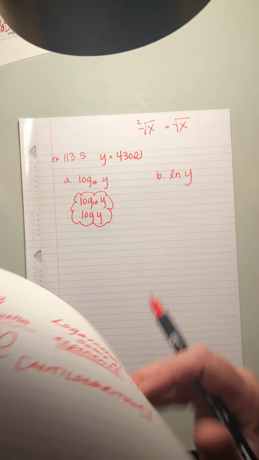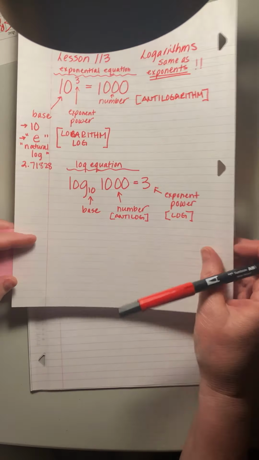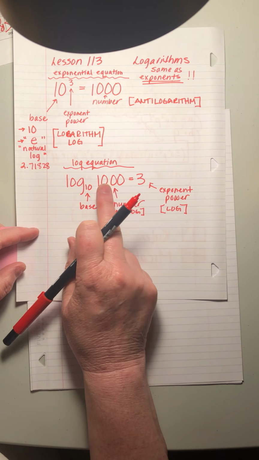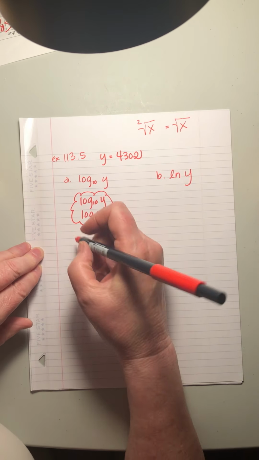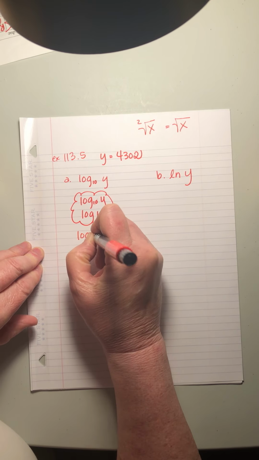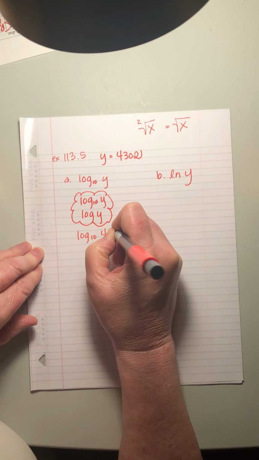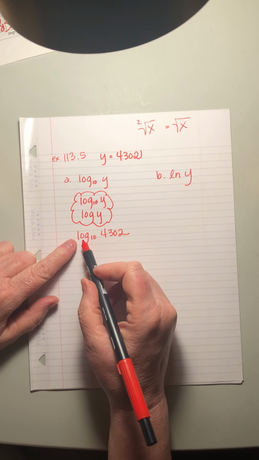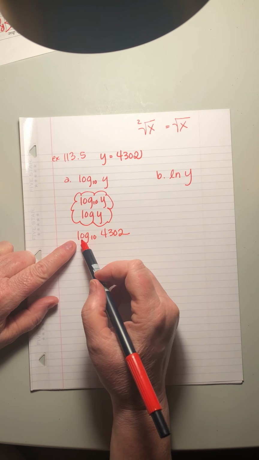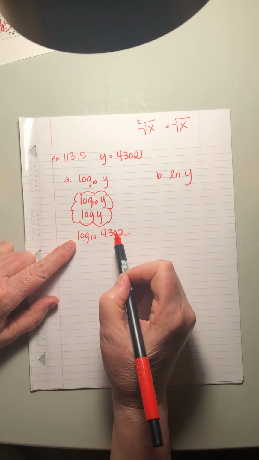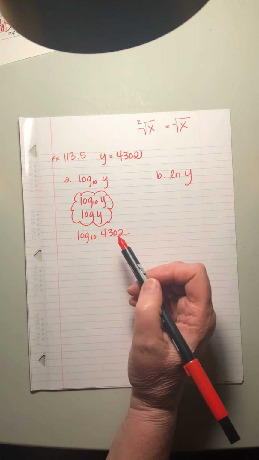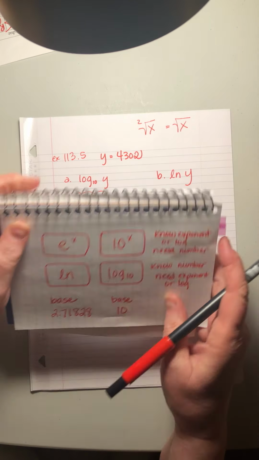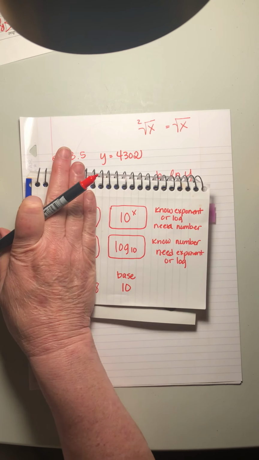So this is telling me the base is 10. So the number written next to it, that's the number. And John's asking us to find the exponent, right? So we can plug this in here. So we can say log 10 of 4,302. The way we read this is, what is the exponent that we put on 10 to get the number 4,302? We know we want the base 10 side, cover that up.